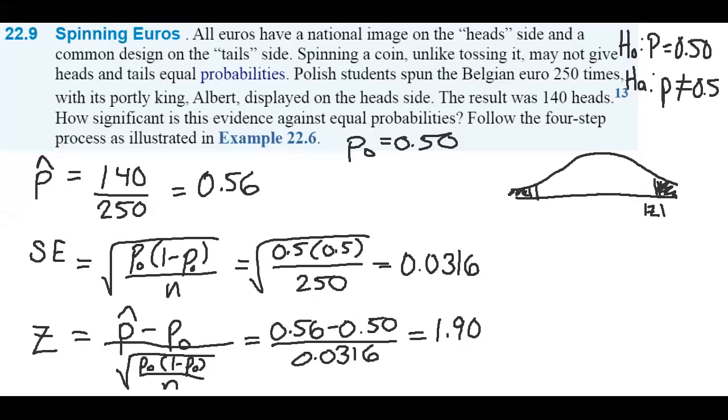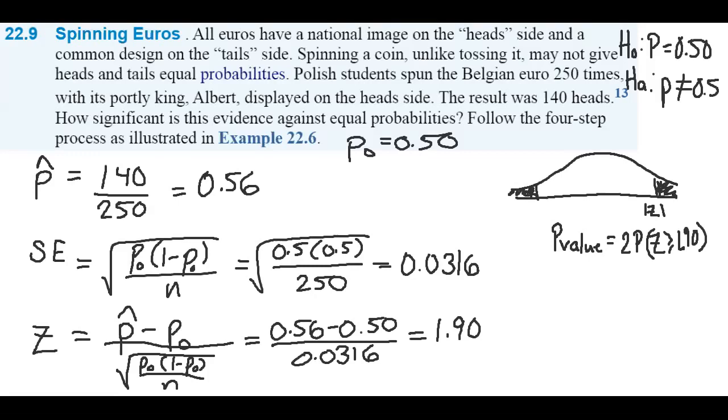And what we're looking for now is a p-value, not the proportion, but our p-value. Here in the two-tail, that's 2 times the proportion that a z is greater than the 1.90 that we got, our z statistic of 1.90.